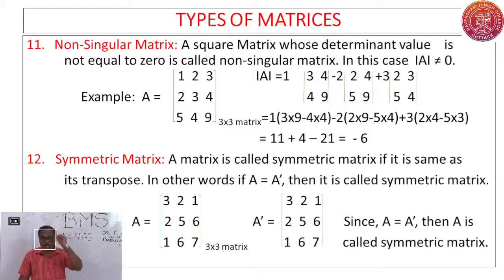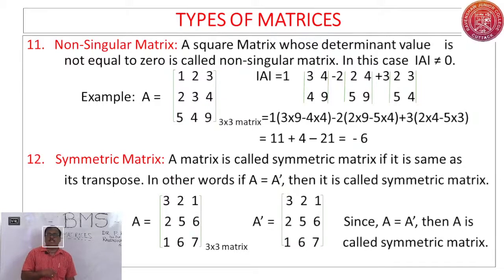There are two characteristics of this type of matrix. First characteristic, it must be a square matrix. Otherwise, we cannot find the determinant value. In the case of a rectangular matrix, we cannot find the determinant value, only in the case of a square matrix. So this is the first characteristic.